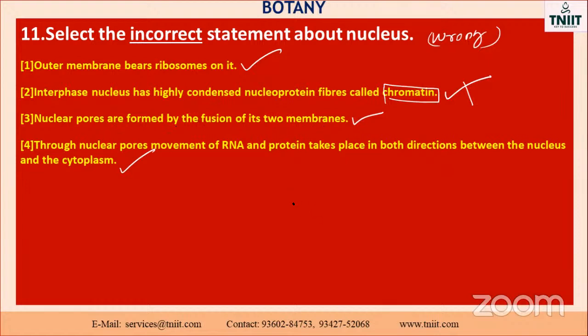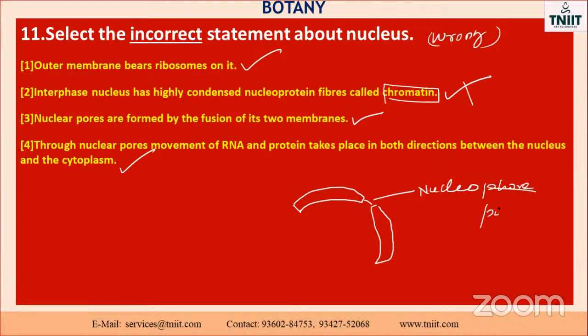What is a nuclear pore? How will it be formed? Just take an example. This is considered the nuclear membrane, and in between there is a small space, followed by another membrane. This is called the nuclear pore. These are the two membranes, and in between there is a space.